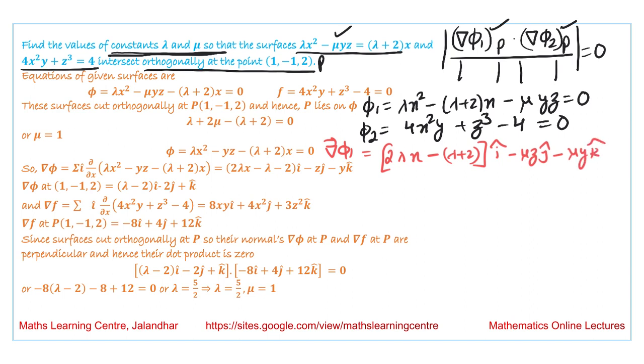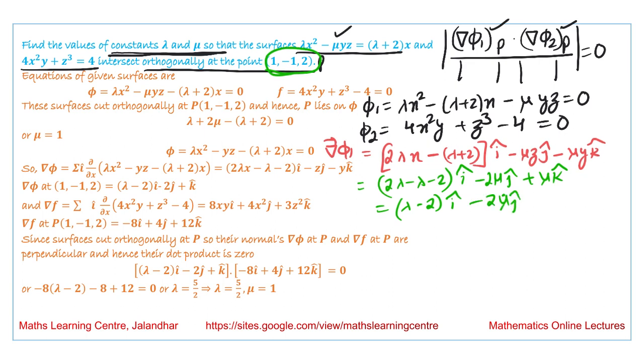If we substitute the point (1, -1, 2) given to us, we obtain (2 lambda minus 2) i cap, then minus 2 mu j cap, then plus mu k cap. So this is equal to (lambda minus 2) i cap minus 2 mu j cap plus mu k cap.